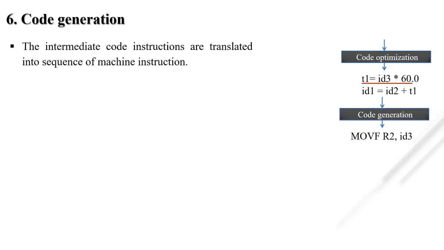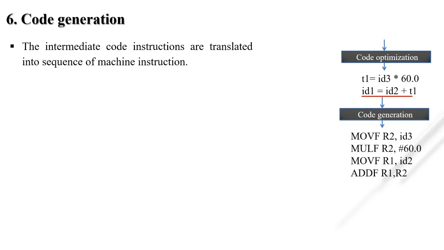So id3 is moved in register 2. Now multiply R2 with 60 and store the result in R2. Note that we store the result in the left hand side after performing the operation. Also here before 60 there is one symbol, the hash. It indicates that it deals with a constant. Now id2 is moved in R1, then add R1 and R2 and store the result in R1.